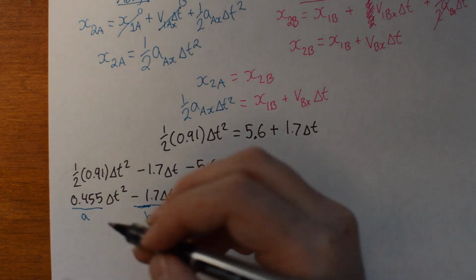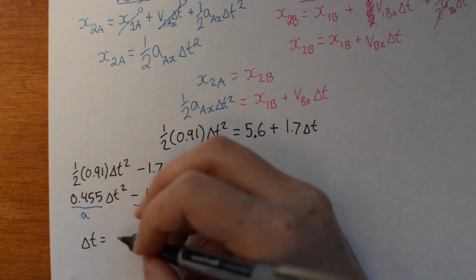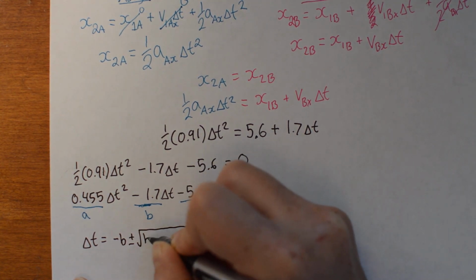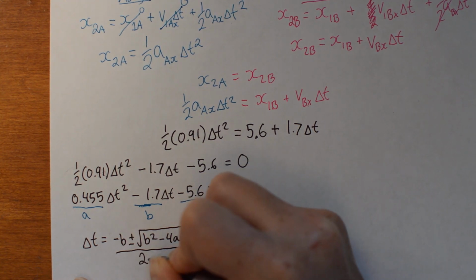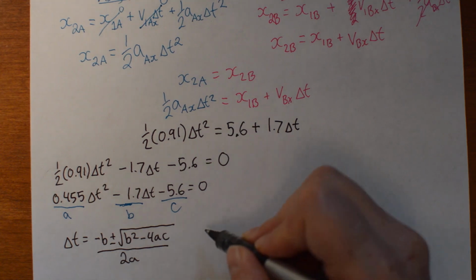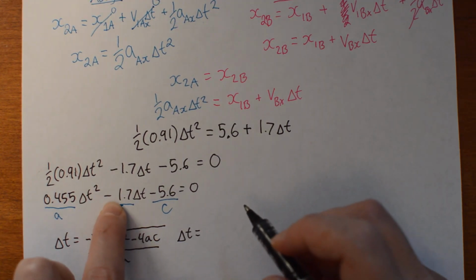So I'll write out my quadratic equation. There's a little song for it if you know the song. It's that delta t, the variable we want, equals negative b plus or minus the square root of b squared minus 4ac, all over 2a. There it is. Okay, we can plug in our numbers. So delta t will equal negative b, so b is negative 1.7.